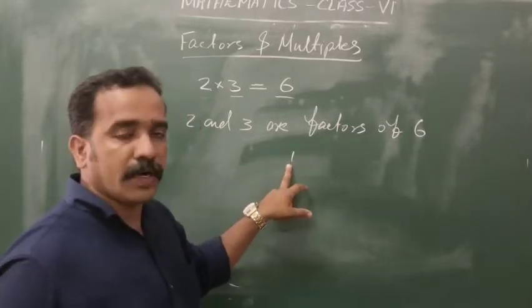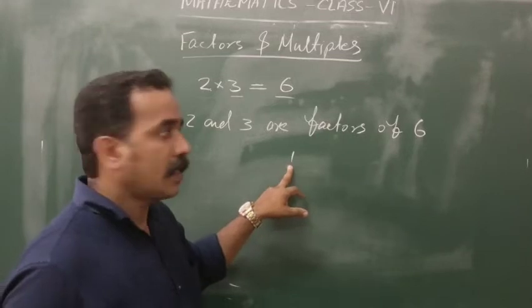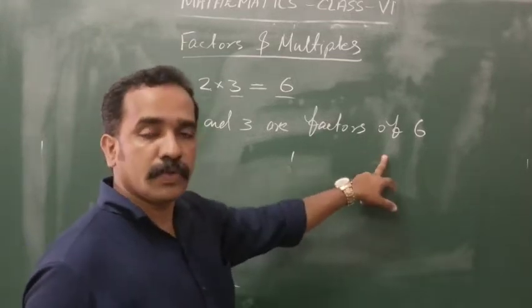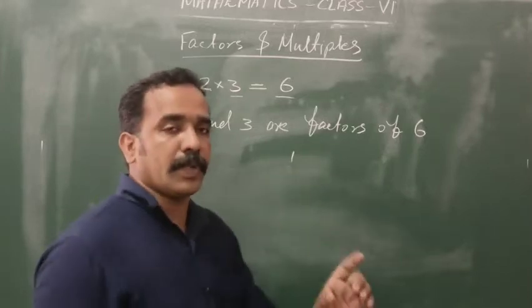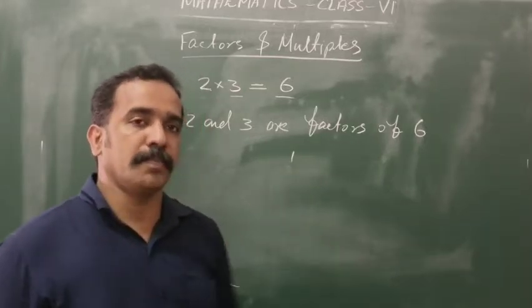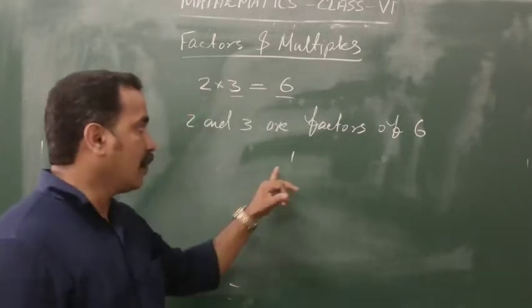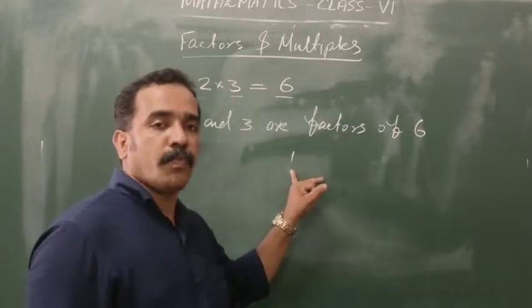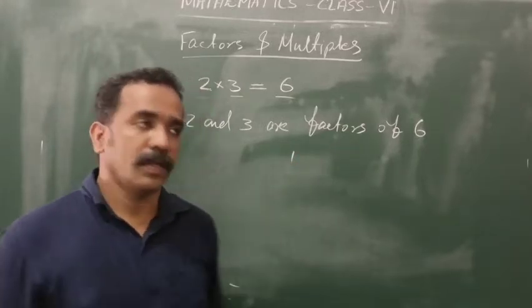If you consider 1, there is only one factor for 1. That means 1 into 1 is equal to 1. If you multiply any other two whole numbers, you will not get 1. So the factor of 1 is 1 only.